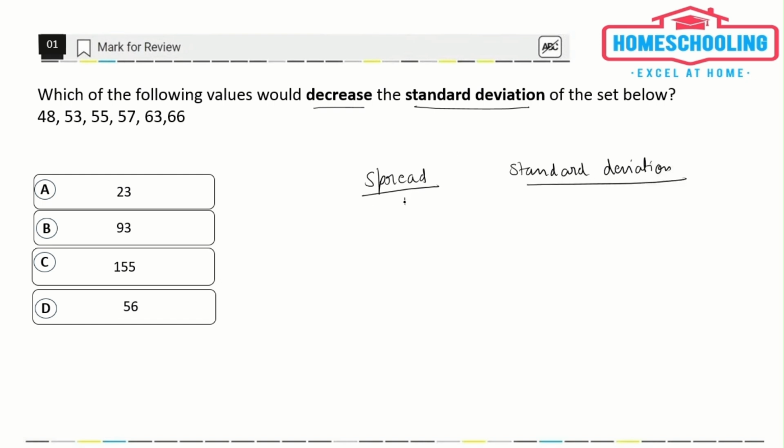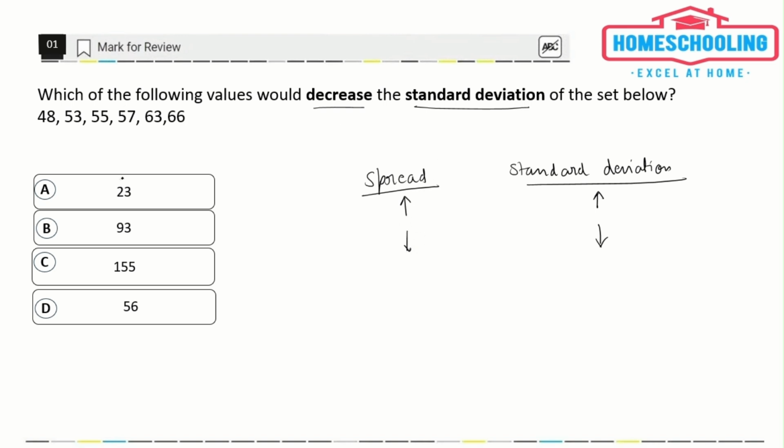When spread increases, then standard deviation also increases. When spread reduces, or the data points become concentrated, then standard deviation also decreases. So in the question we have to find which value would decrease the standard deviation. If we have to decrease the standard deviation, then spread should also decrease.